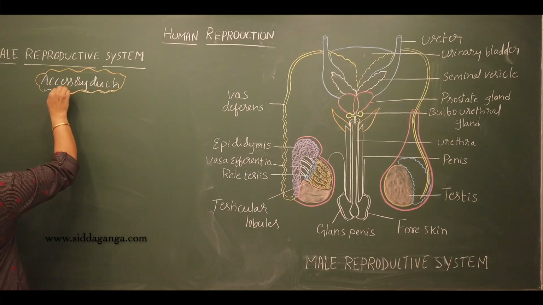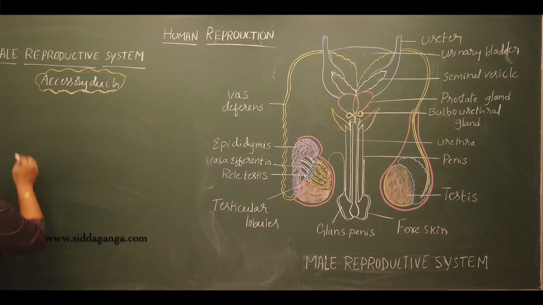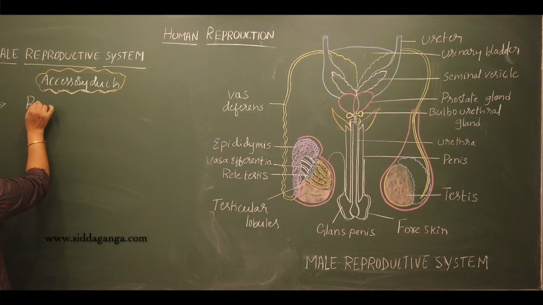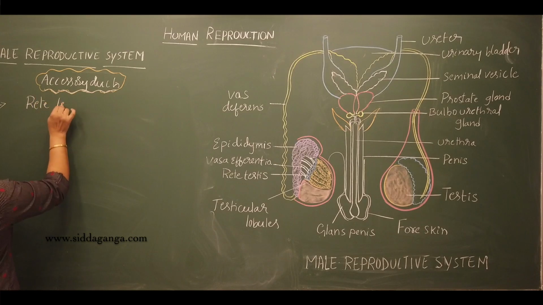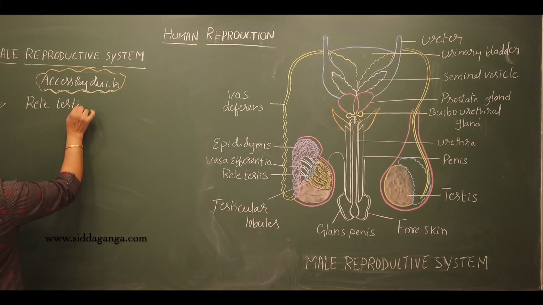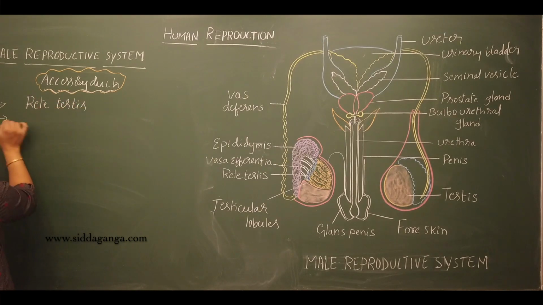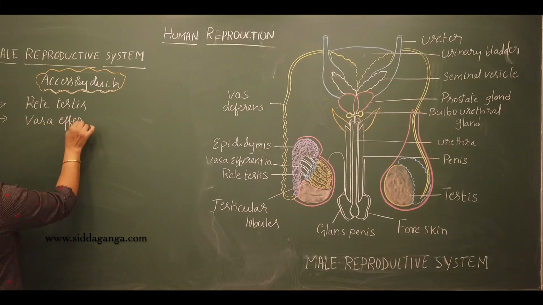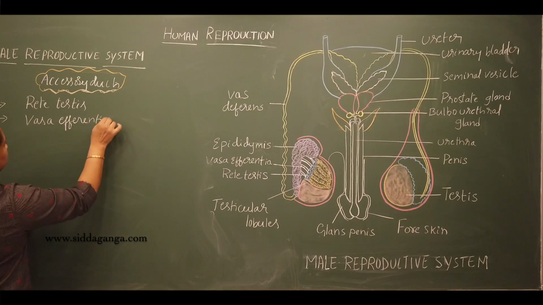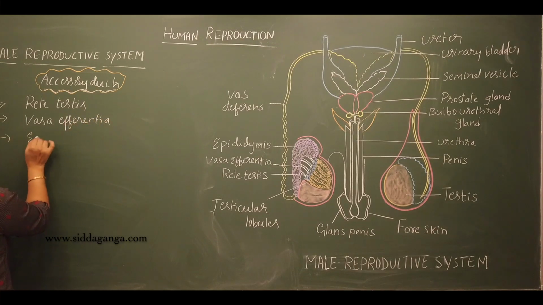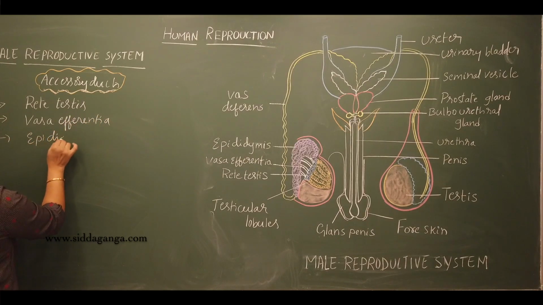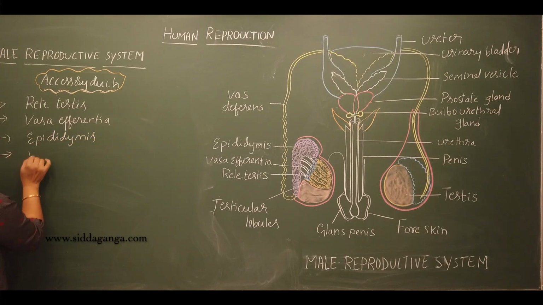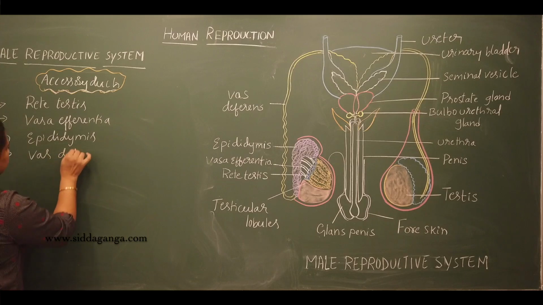The accessory ducts include rete testis, vasa efferentia, epididymis, and vas deferens.